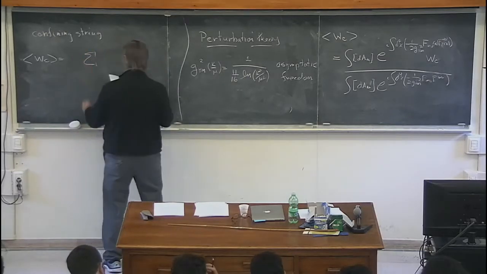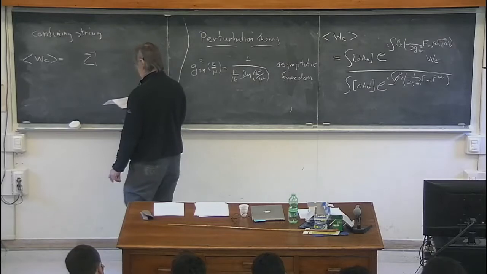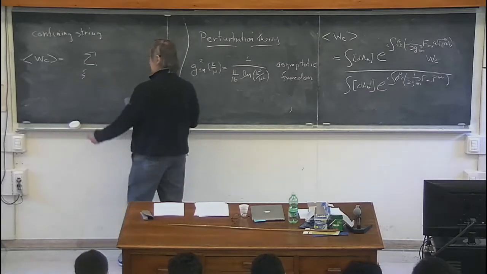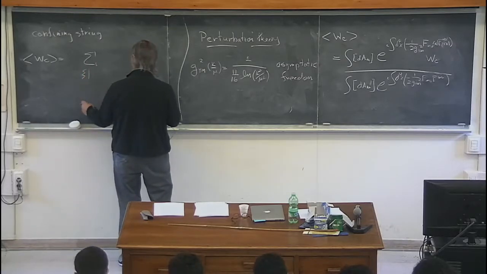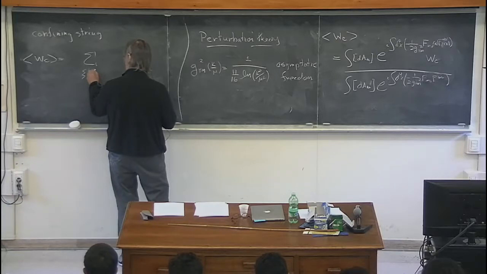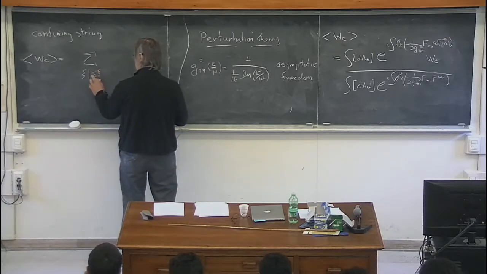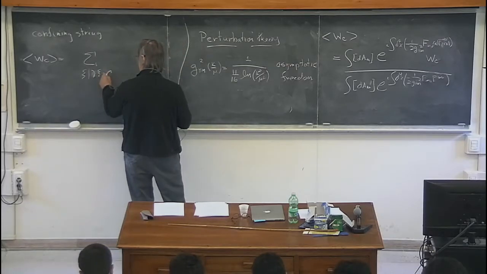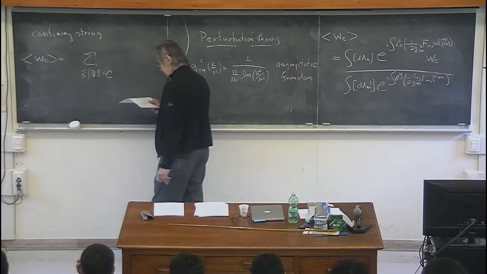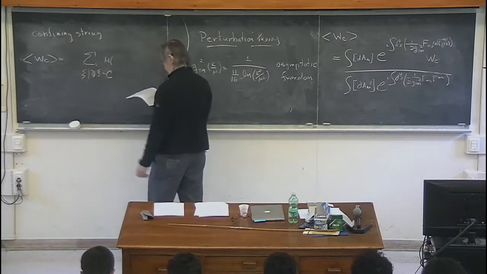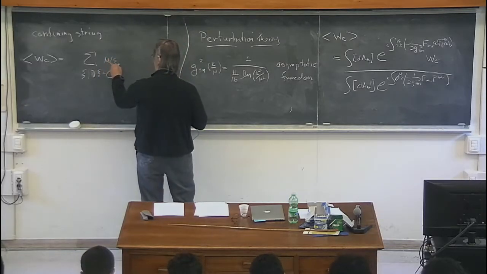As a sum over geometries, that is, some disk-like geometries. So I'll tell you a little more what they are, but they're disk-like objects, such that the boundary of the disk is equal to this curve C in the Wilson loop. There's some measure here which one really has no idea what it is.